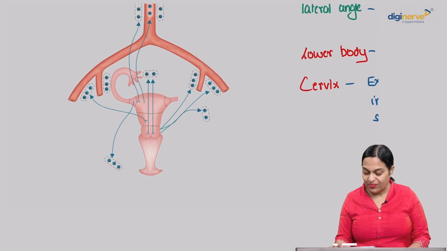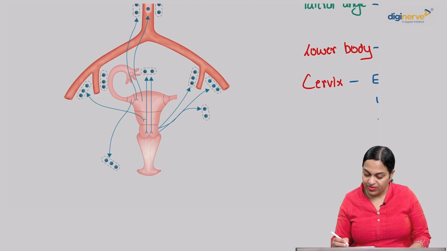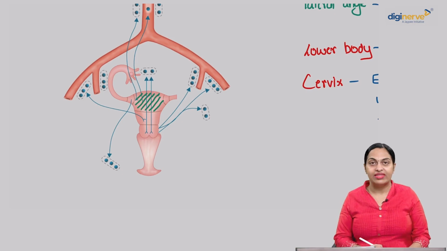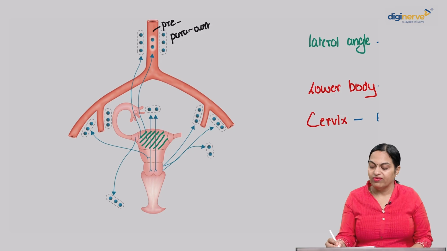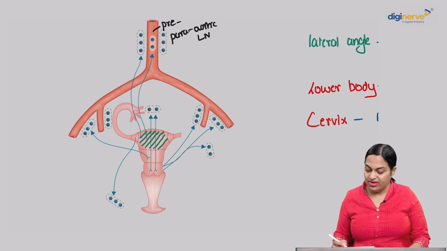Okay, here. The lymphatics from the fundus and the upper part of the body, they reach the pre and para-aortic group of lymph nodes. Right.